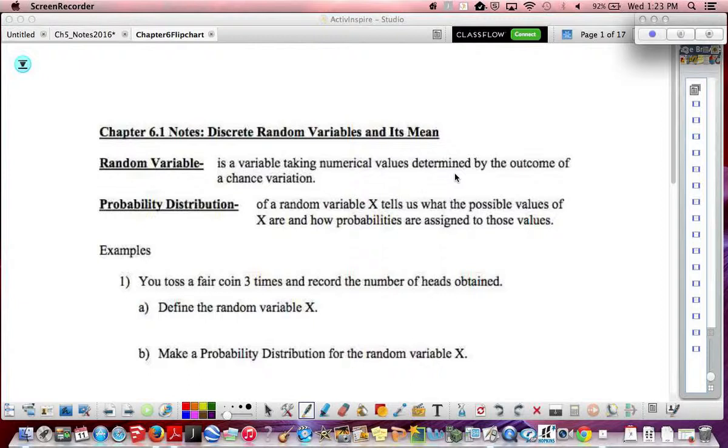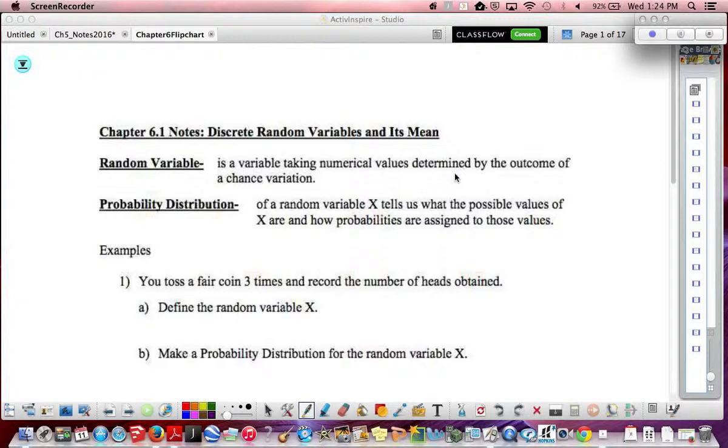But Chapter 6, we are going to continue our work with probability, and specifically, we're going to talk about random variables. And we'll talk about what we call discrete random variables. Later on, we'll talk about what we call continuous random variables.